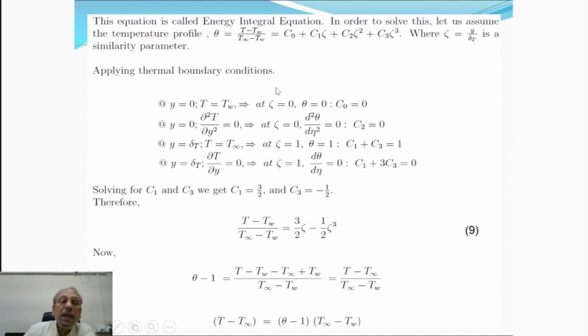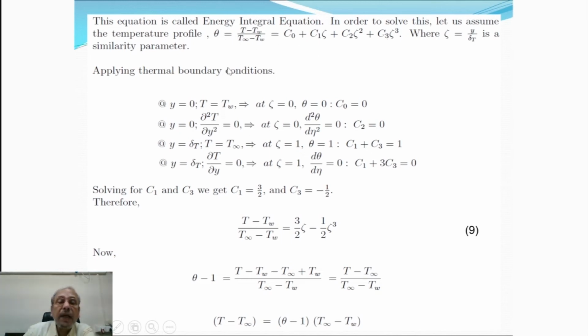Then we apply the third boundary condition: at y equal to delta, T equal to T infinity. That means at xi equal to 1, theta equal to 1. Already we have seen C0 and C2 are 0, so from this expression we get C1 plus C3 equal to 1.